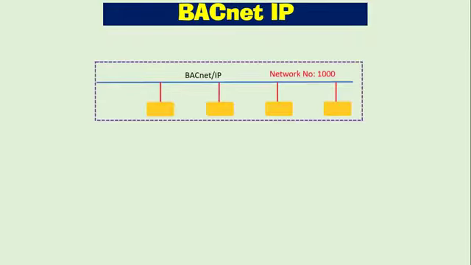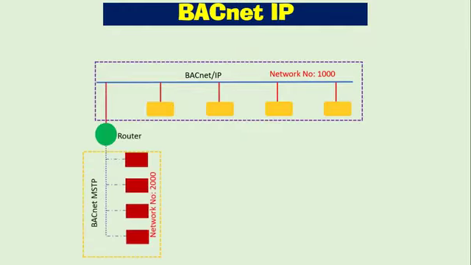To understand BACnet network and internetwork, let's consider an example. Here we have a BACnet IP network with network number 1000. Now suppose we have BACnet MSTP devices which are connected on a segment and are connected to the IP network through a BACnet MSTP to IP router.